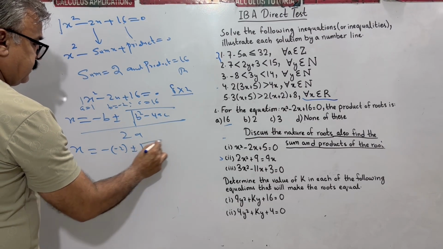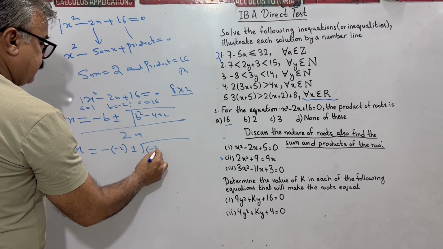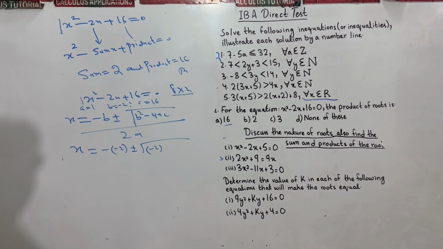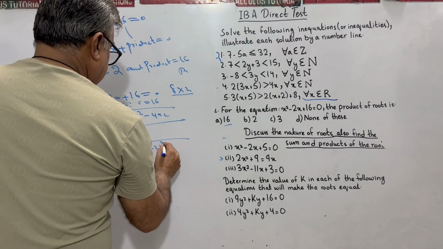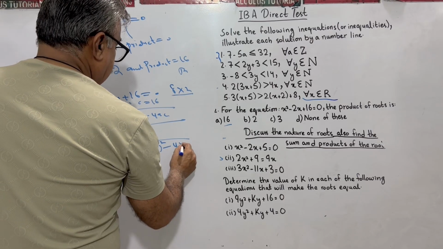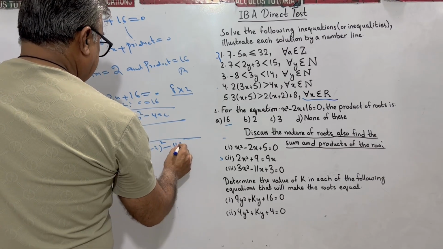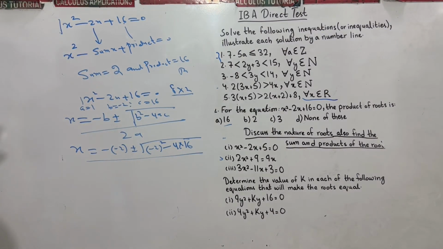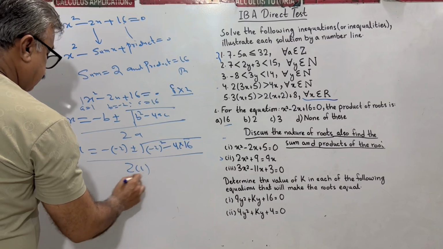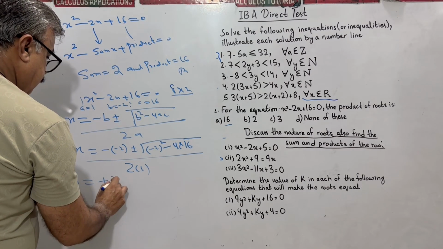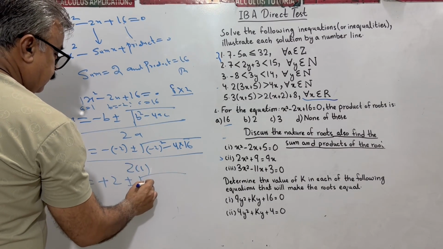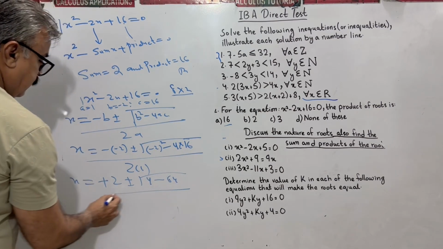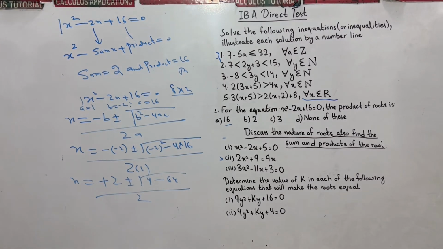Minus of minus 2, plus minus square root of minus 2 square minus 4 times 1 times 16, over 2 times 1. So we have x equal to 2 plus minus square root of 4 minus 4 into 16, which is 64, over 2.